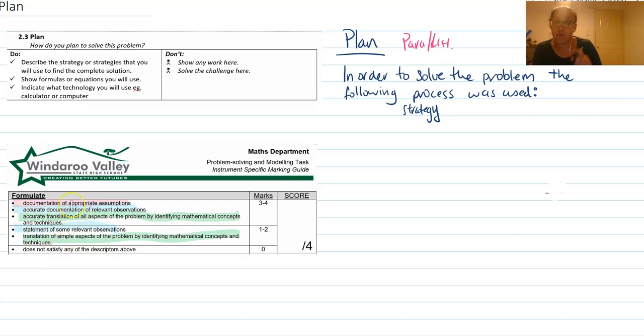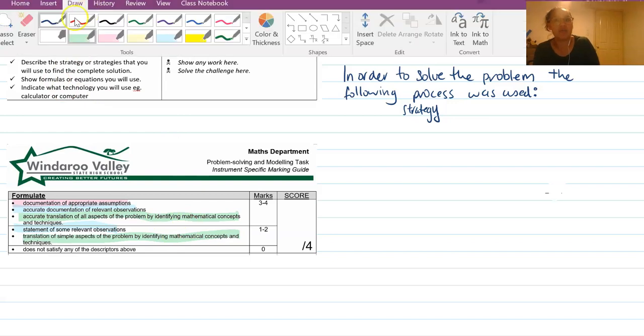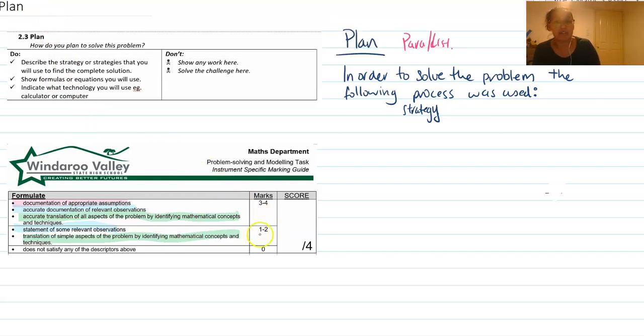Let's have a look at what a person who's a 1 or 2 might do, and then we'll discuss what someone needs to do to be a 3 or 4 in this section.